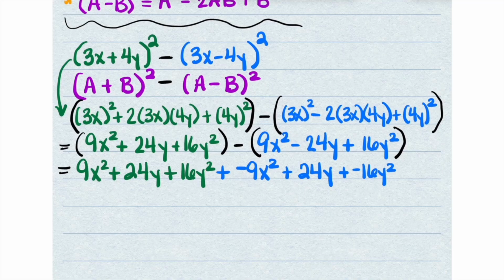And you say, why is the 24 positive? Because we did minus to minus. So that became minus, that became positive, and then that became minus. All right. Now we can combine like terms. I will put the like terms together. So we have 9x squared plus a negative 9x squared.